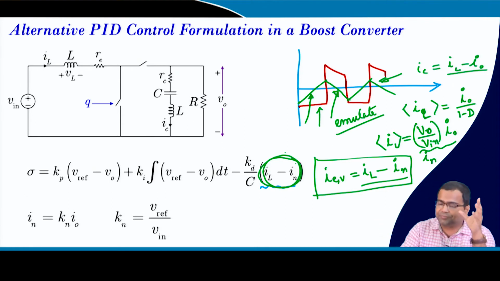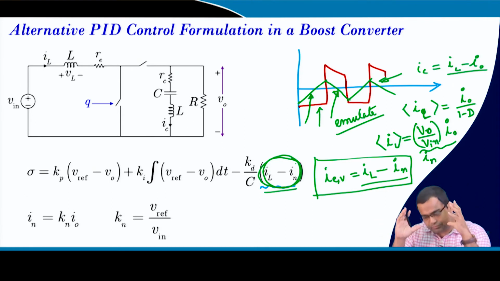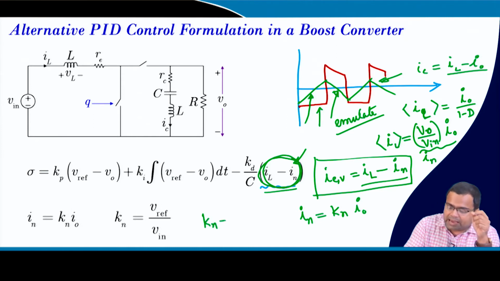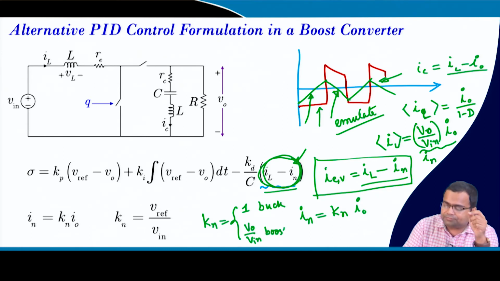So, for a boost converter, this normalized factor is IN equal to Kn into I0, where Kn is equal to 1 for a buck converter and it is equal to V0 by Vin at steady state for a boost converter.